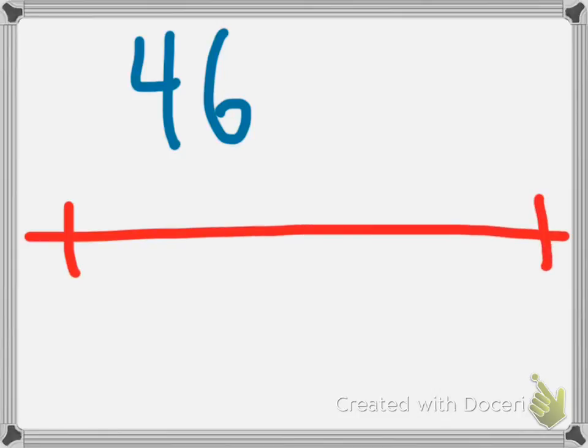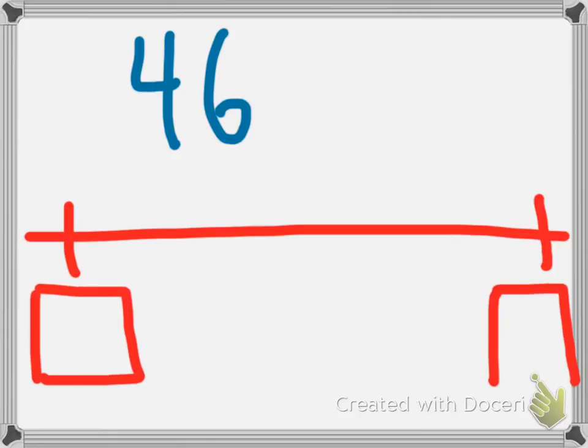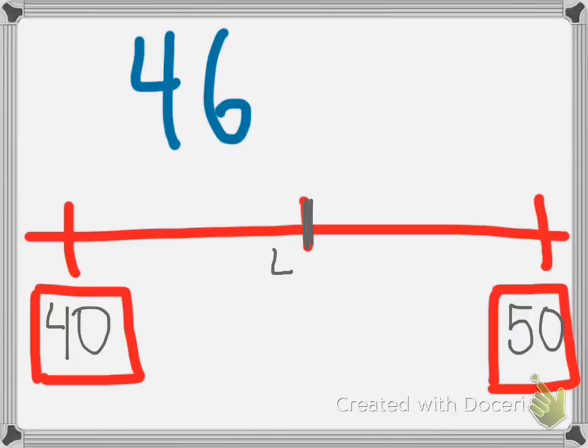I'm not going to put all the numbers on it, but I want to find the two 10s that 46 comes between, and then find the middle. The two 10s that 46 comes between are 40 and 50. And halfway between 40 and 50 is 45. That just gives me a point of reference to where to put 46.